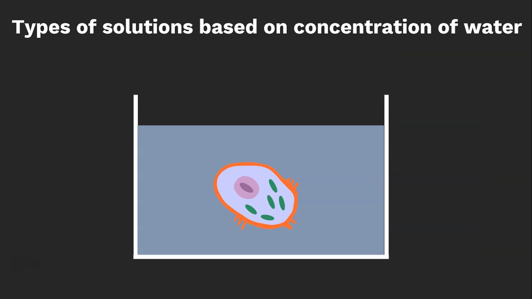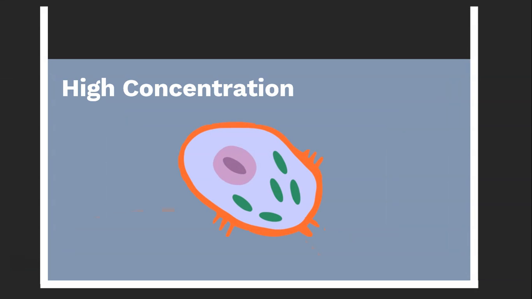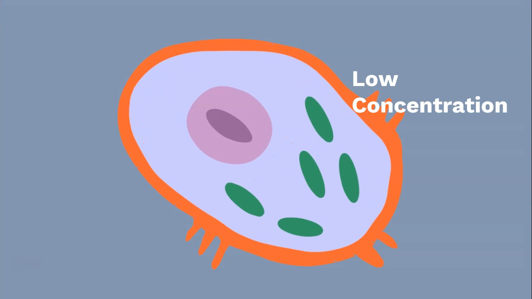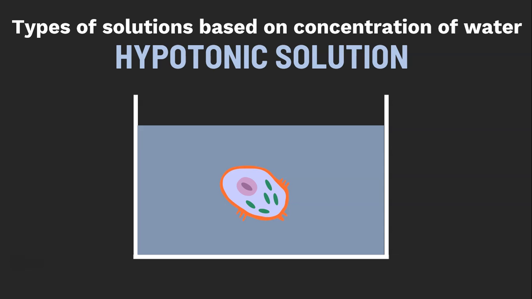Now let's understand the types of solutions based on the concentration of water. So the first type of solution is a hypotonic solution. So if a cell is contained within water, taken that the water has a higher concentration than the cell, which has a lower water concentration. So if the surrounding medium has a higher concentration than the cell, then what will happen is that the water will enter into the cell.